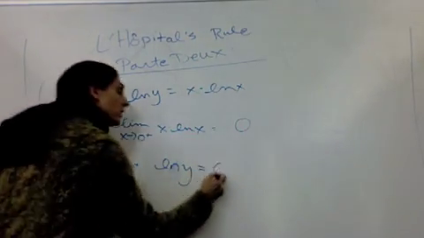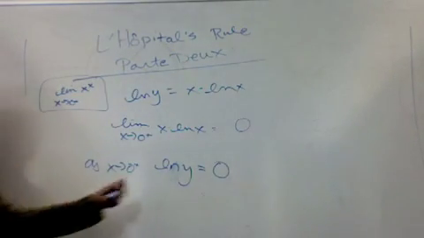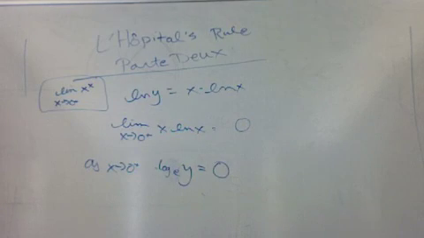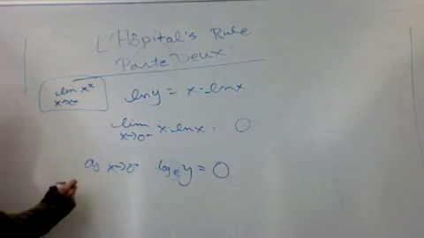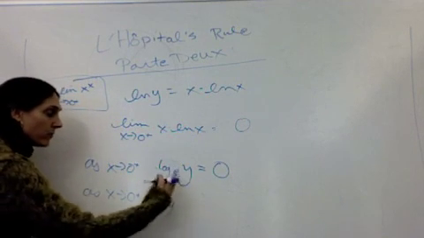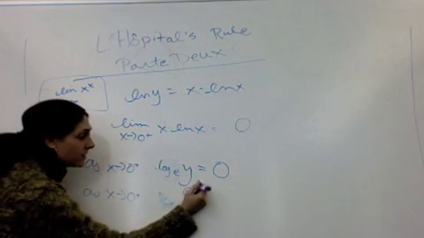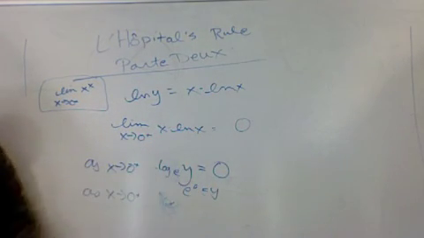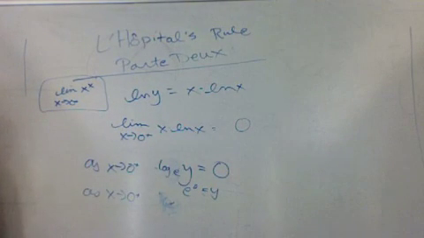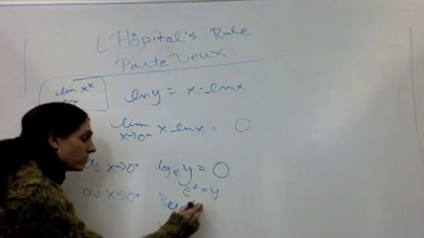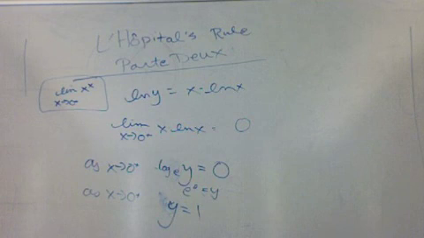So now, as x goes to 0, this is going to 0. So what is y going to? Well, this is log base e. So now, as x goes to 0, we can rewrite this as e to the 0 equals. Well, what does this have to be? 1. So y equals 1 as x approaches 0 from the right.